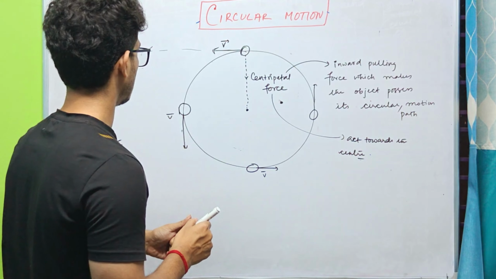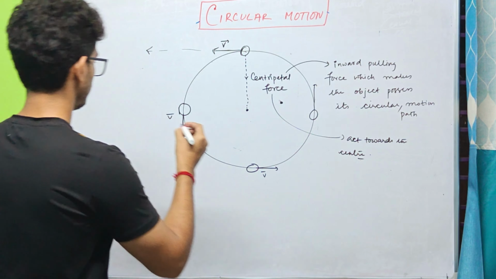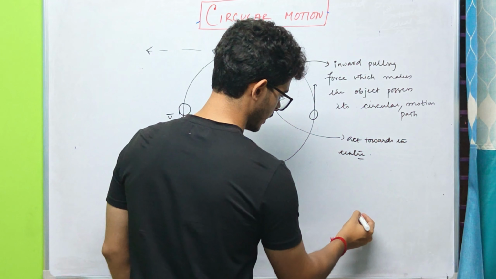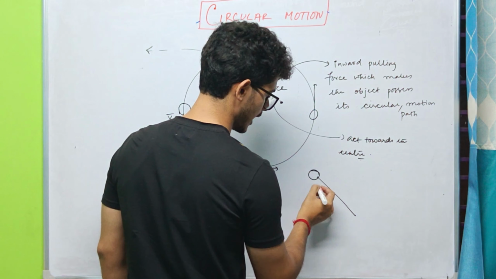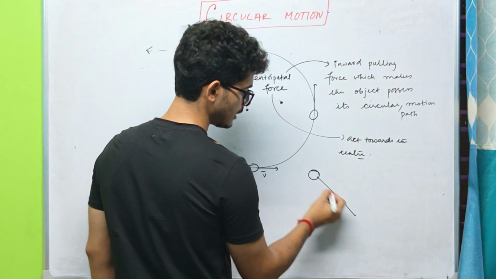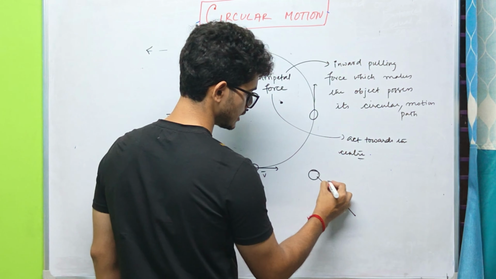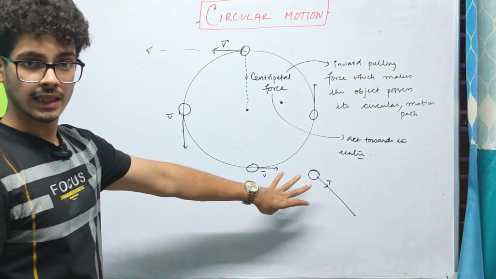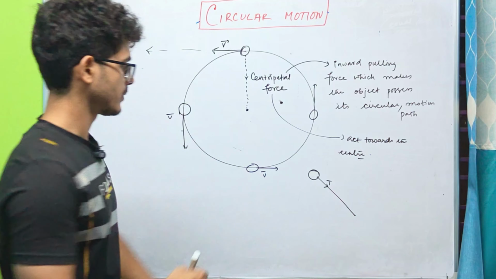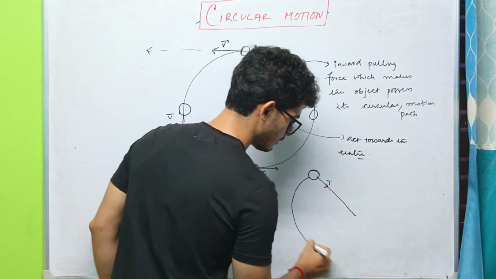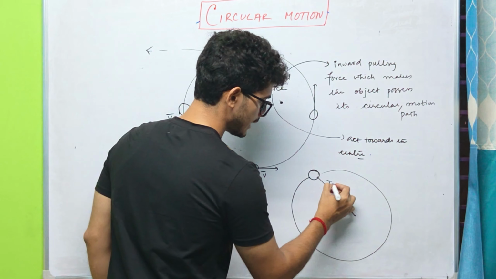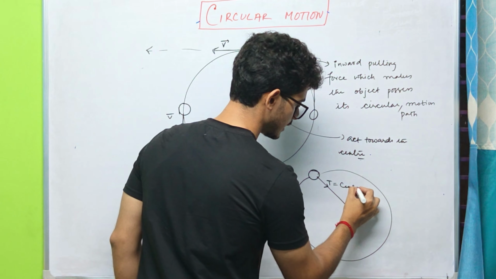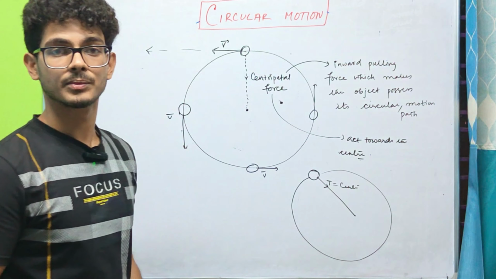Now, if we take an example of a string and some mass is tied with it, the string will possess some force of tension on the mass, which holds it back. So in case it rotates in a circular path, then the tension becomes the centripetal force.